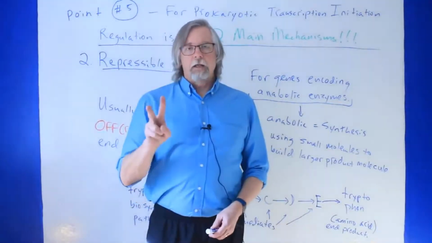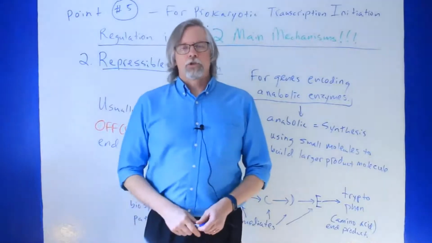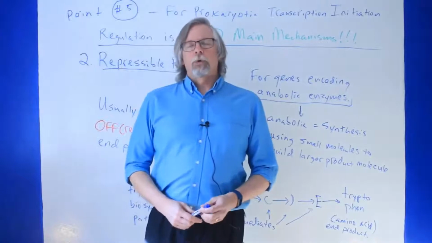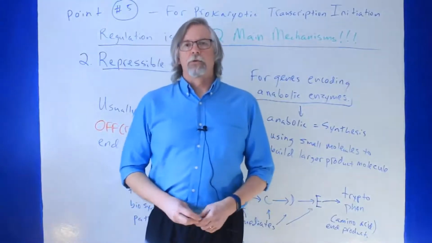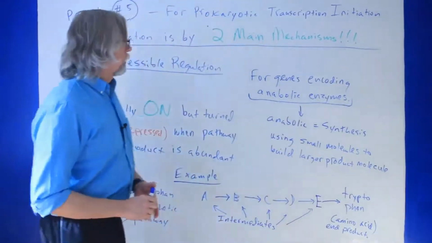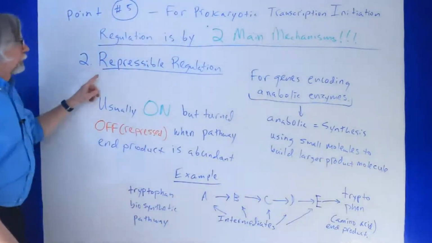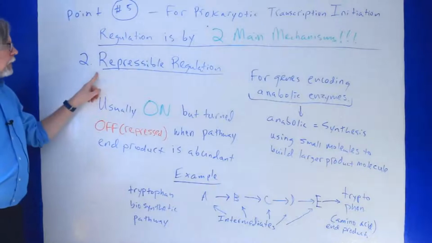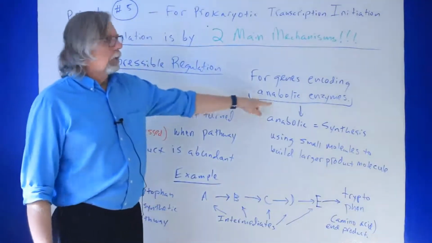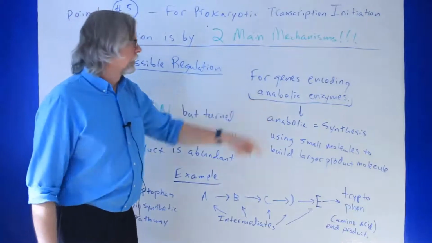Okay, the second main mechanism by which genes in prokaryotes are regulated through transcription initiation is called repressible regulation. Repressible regulation is for genes encoding anabolic enzymes.